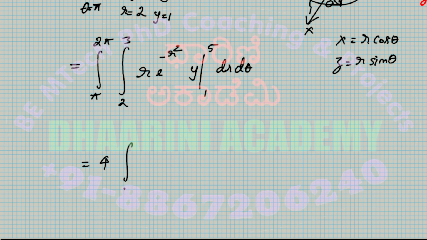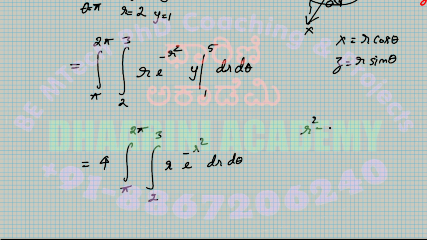So 4 times the integral from pi to 2 pi, and the function is r into e to the power minus r square. This is the integral from 2 to 3 of r e to the minus r square dr d theta.